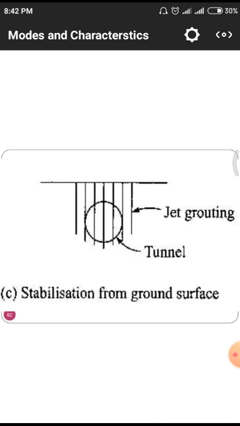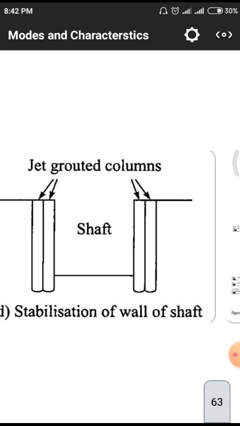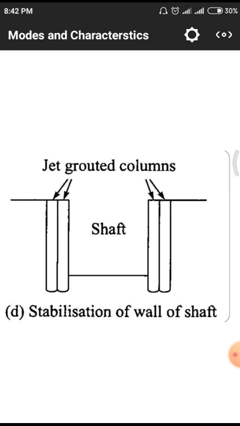Here also they are having some jet grouting with the help of tunnel stabilization from ground surfaces. Here also they are having some shaft in the middle of the particular diagram. On the two sides we are having jet grouted columns.